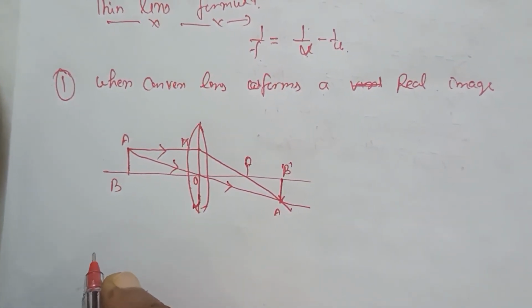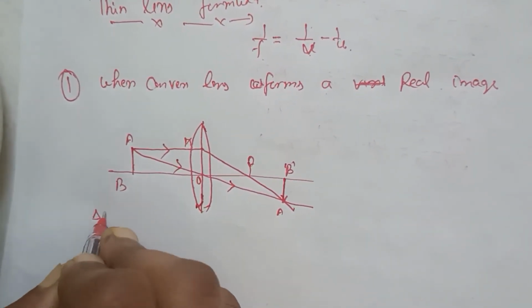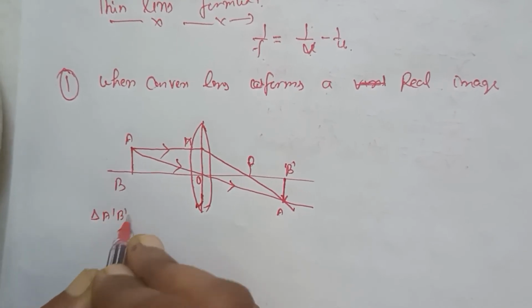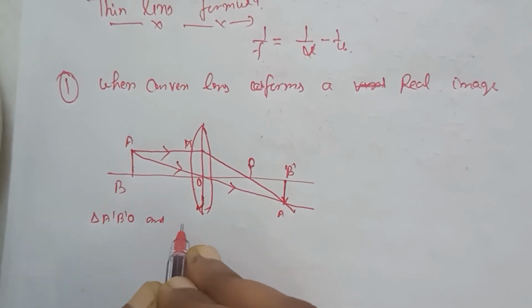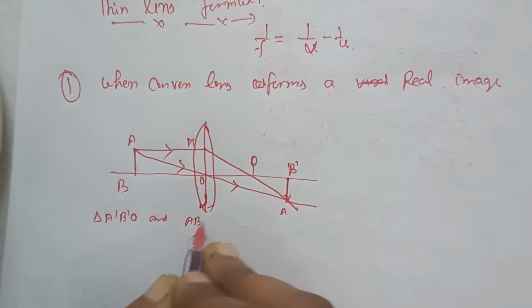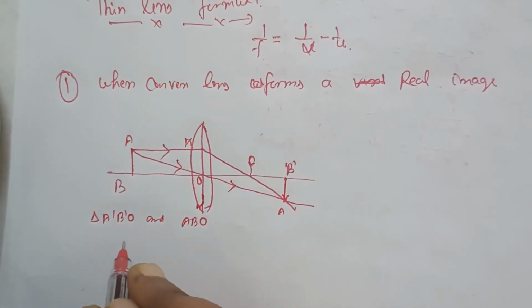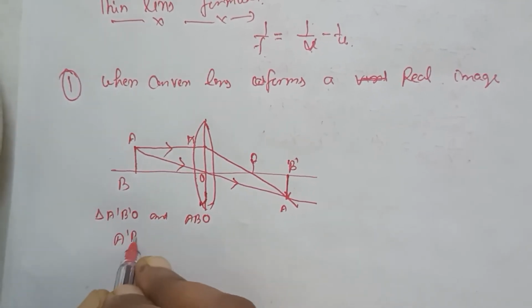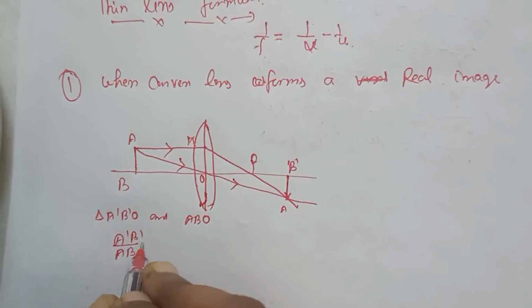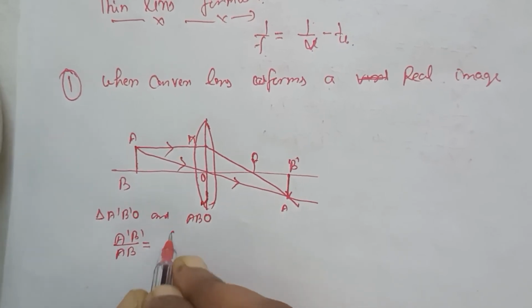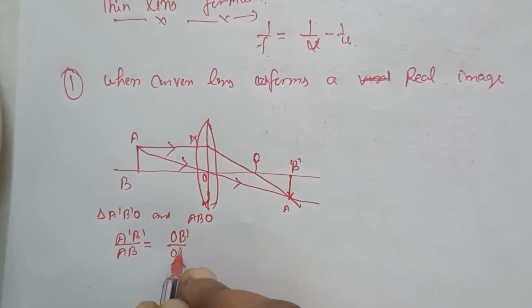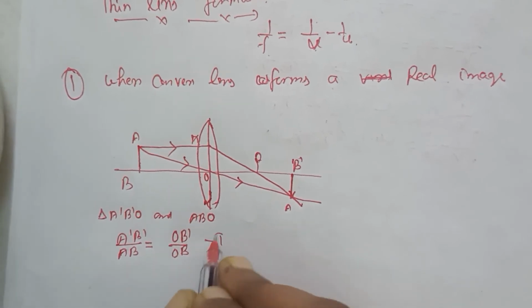Now taking two similar triangles, A dash B dash O and triangle ABO. Taking the ratio, A dash B dash divided by AB equals OB dash divided by OB. This is equation number 1.